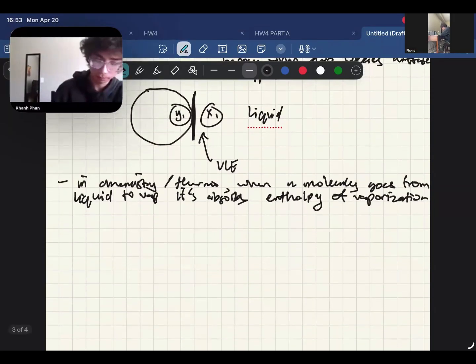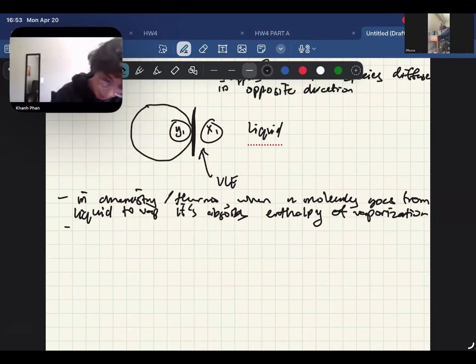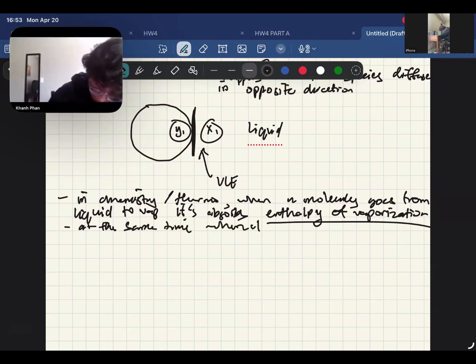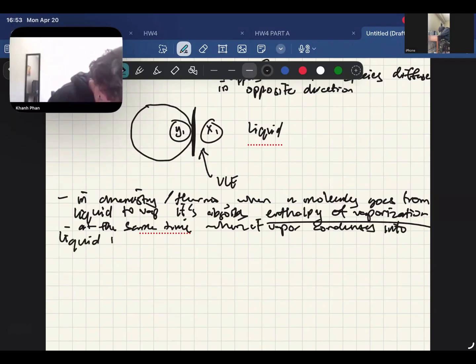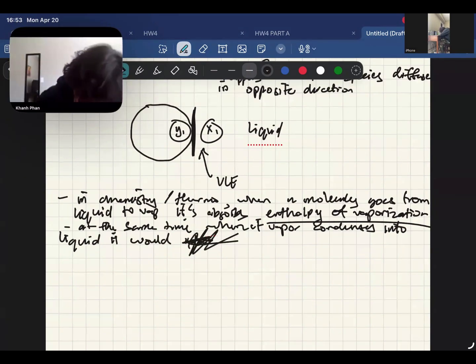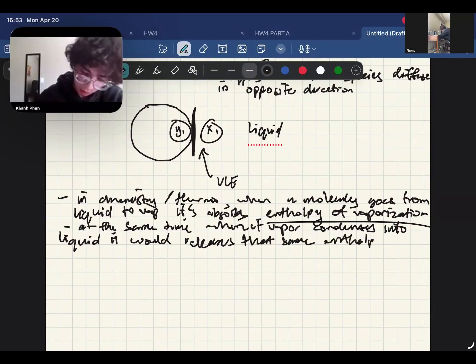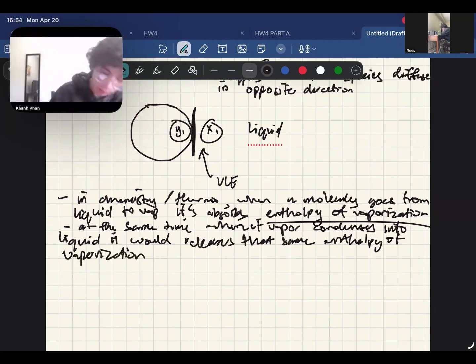And at the same time, when that vapor condenses into liquid, it would release that same amount of enthalpy of vaporization.